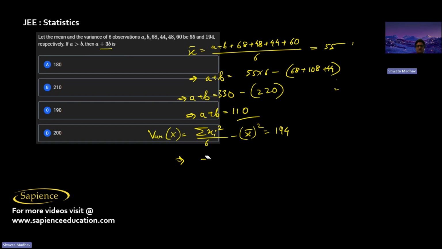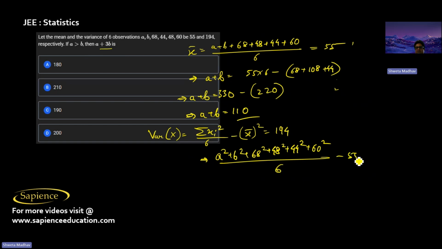This would be A square plus B square plus 68 square plus 48 square plus 44 square plus 60 square, divided by 6, minus 55 square, that is equal to 194.